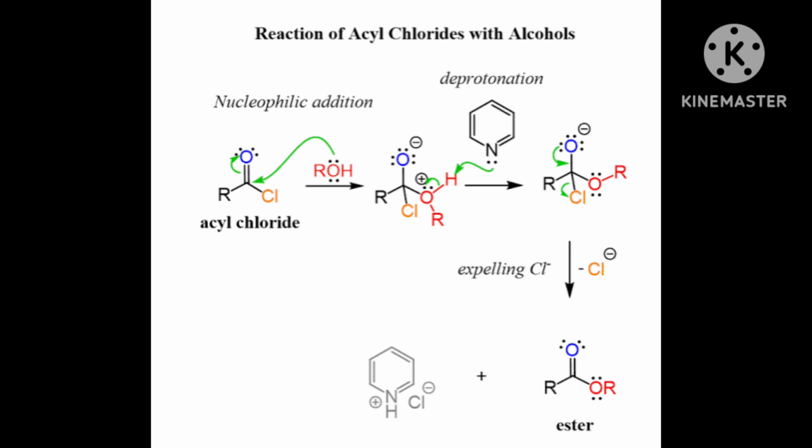Acetylation of salicylic acid is a very important and very useful product. Acetylation of salicylic acid produces aspirin. You might know aspirin is used for a patient suffering from a heart attack.